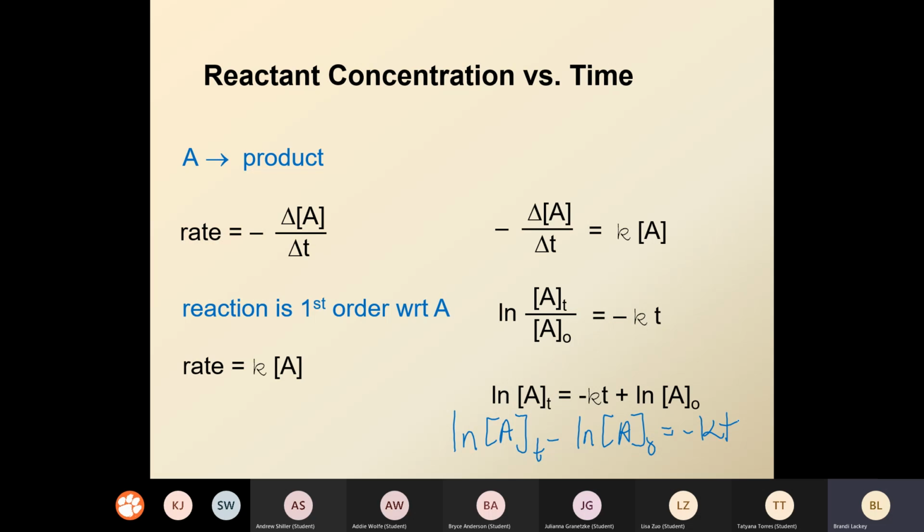And this is the rate law only for first order. There's a separate integrated rate law for zero order and a separate one for second order. So this is specifically for first order. First order is looking at the natural log of the concentration.